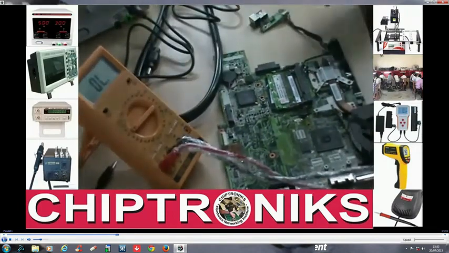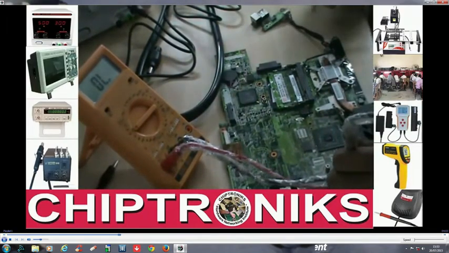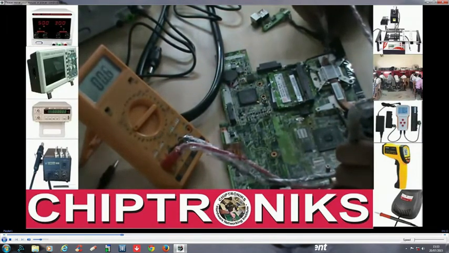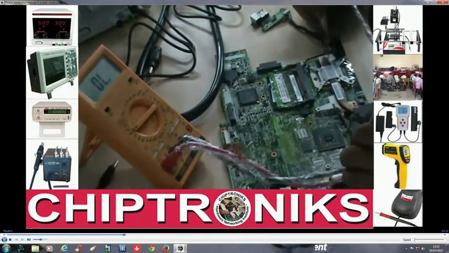Now what we need to do, first I will remove this and set the multimeter on continuity mode. First we need to check shorting. Now I'll check here. Look at the value. Here we get 0 value.